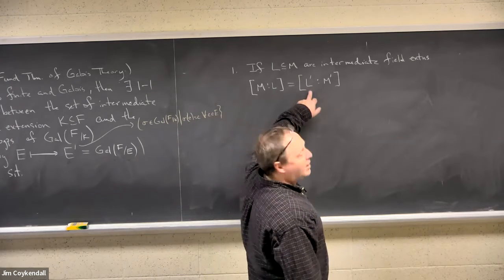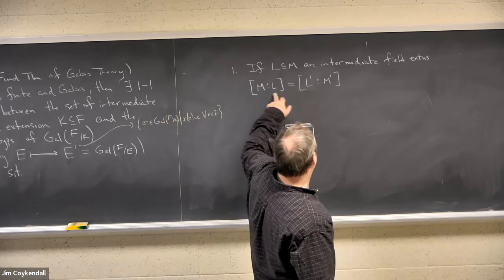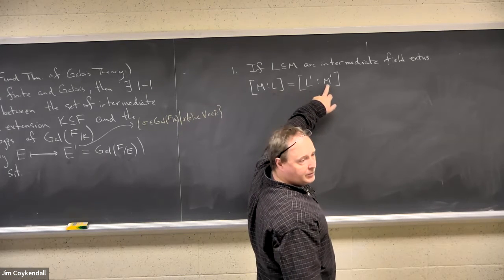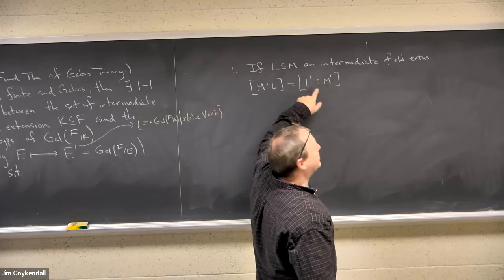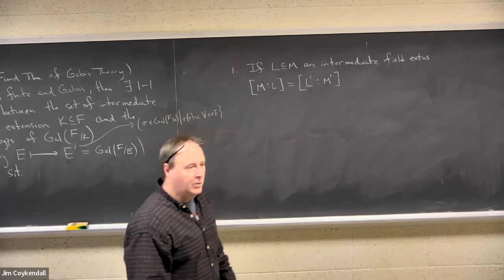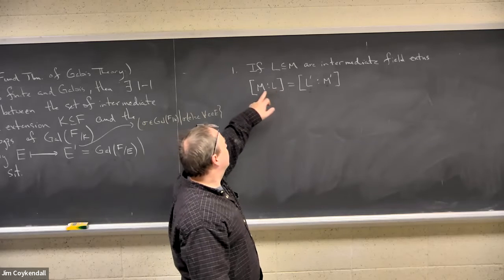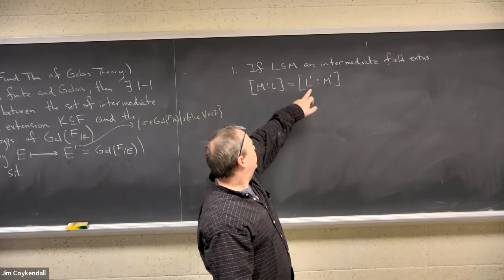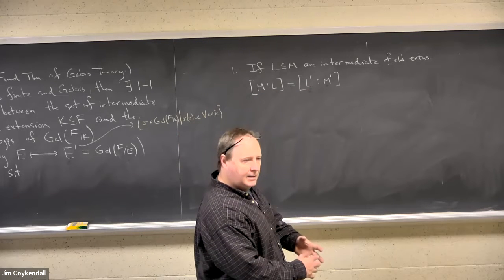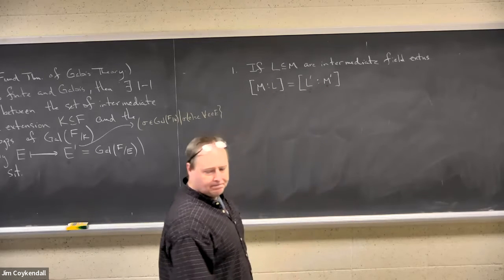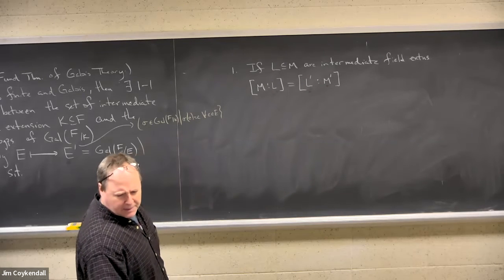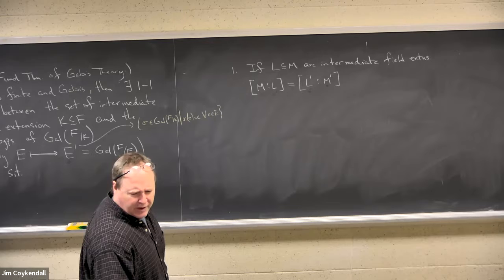Remember, these are the automorphisms that fix the little field. These are the automorphisms that fix the big field. And so this is actually a subgroup of this. It reverses the order, right? L is the little field in this big field. This is the automorphisms that fix the little guy, right? There's fewer automorphisms that fix the big one, right? And those degrees are the same.